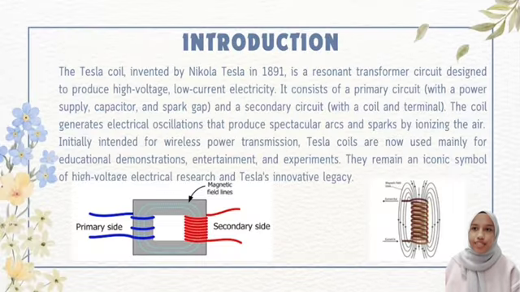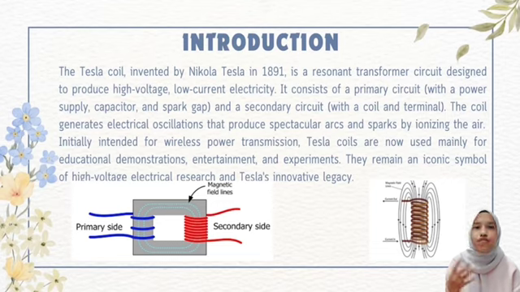Okay, next, introduction. The Tesla coil, invented by Nikola Tesla in 1891, is a transformer circuit designed to produce high voltage and low current electricity. It consists of a primary circuit and a secondary circuit. The primary contains a power supply, capacitor, and spark gap, and the secondary has a coil and terminal.